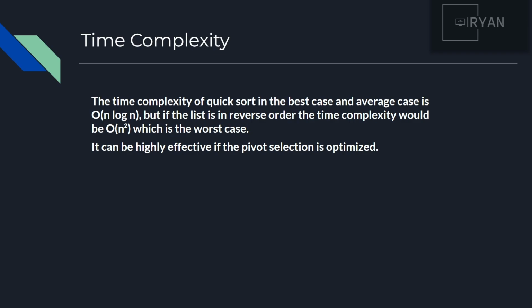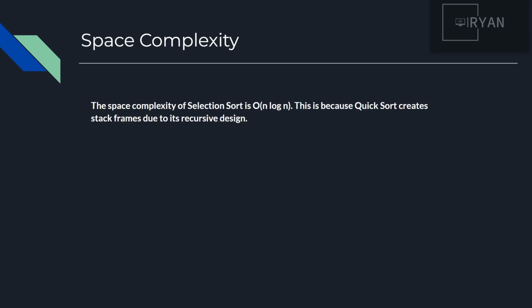But don't worry, quicksort efficiency can be greatly improved with optimized pivot selection methods. Techniques like randomized pivoting or median of 3 can ensure more balanced partitions, minimizing the risk of encountering the worst case. Now let's talk about the space complexity of quicksort. Quicksort is often praised for its efficiency, but its recursive design does have a cost.